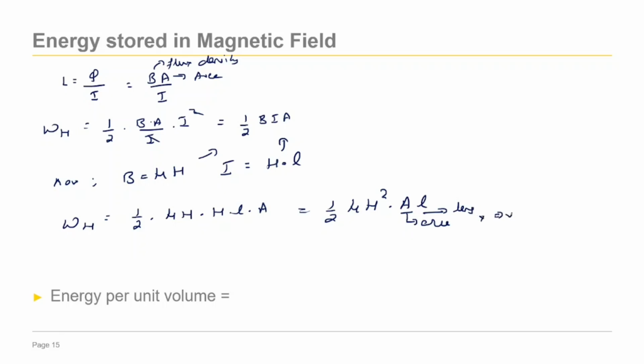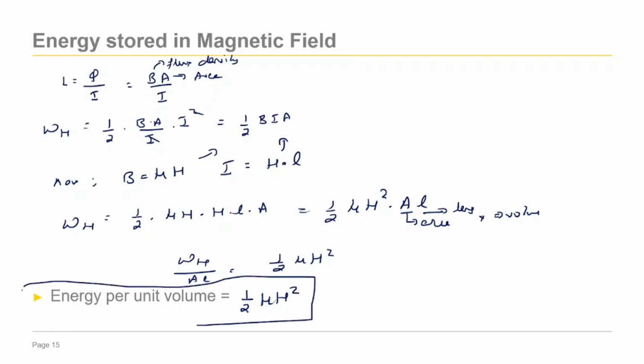Multiplying them, you get volume. So W_H by A L, or energy per unit volume stored in the magnetic field, is half mu H squared. Another important relation.